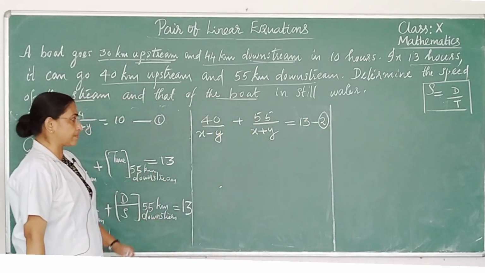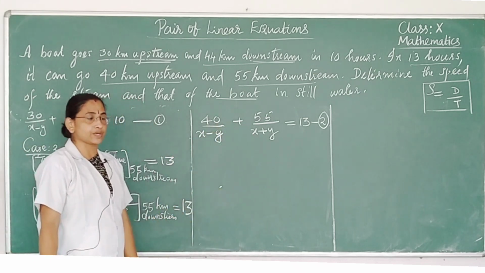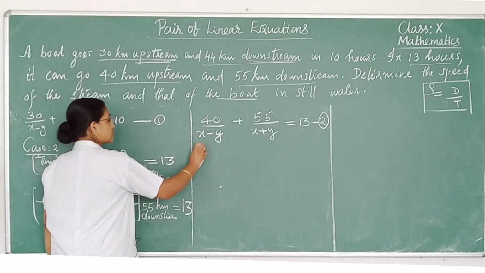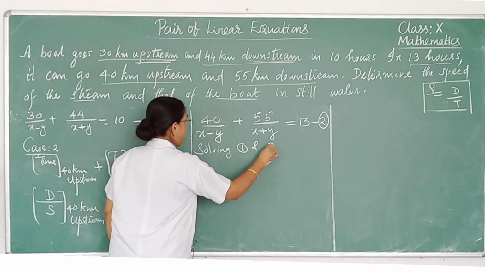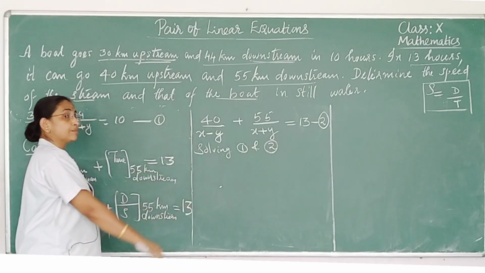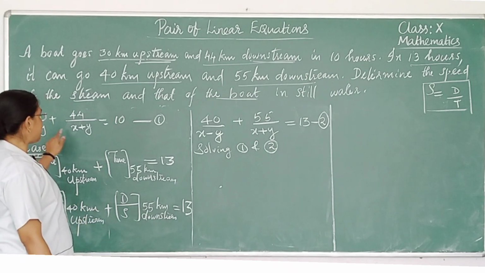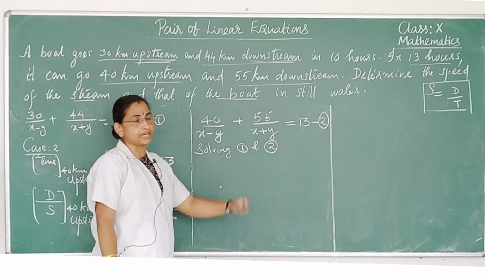So remember, from case 1 you get equation number 1, and from case 2 you get equation number 2. Now we need to solve equations 1 and 2. You know how to solve two reducible linear equations. If the variables come in the denominator, you can say it's a reducible linear equation.